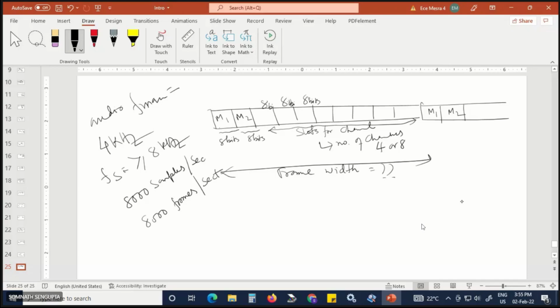So one frame duration is equal to 1 by 8,000, that means 125 microseconds. This is the frame duration. Similarly, you have to calculate the channel bit rate, and some other parameters in this experiment.